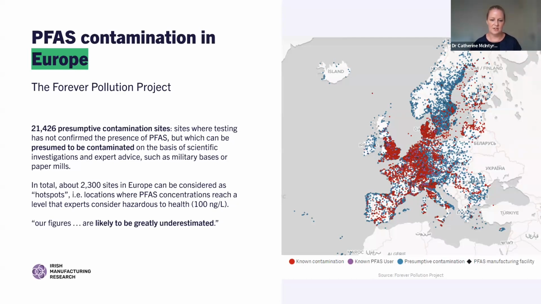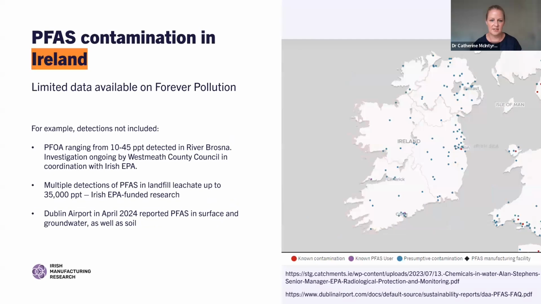In particular, if we look at Ireland, that can be seen to be true. From the Forever Pollution Project, what they've mapped in Ireland is mainly presumptive contamination. There's one known contamination in Dublin from 2008, and 2 known PFAS users mapped there.